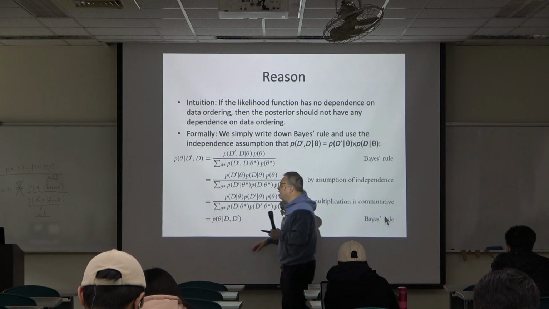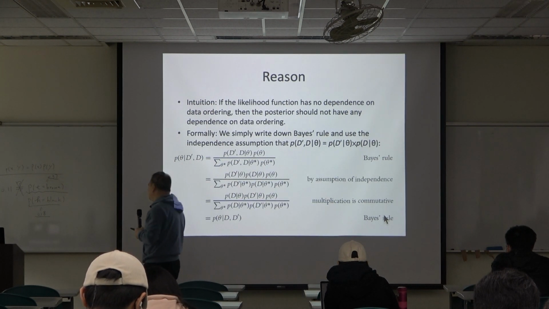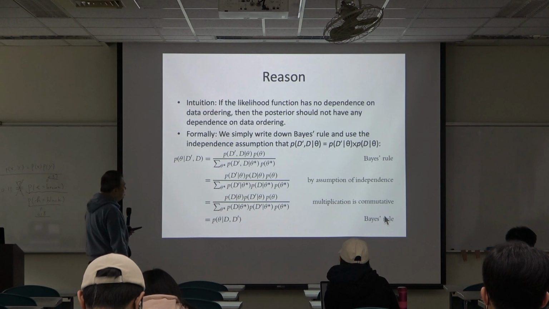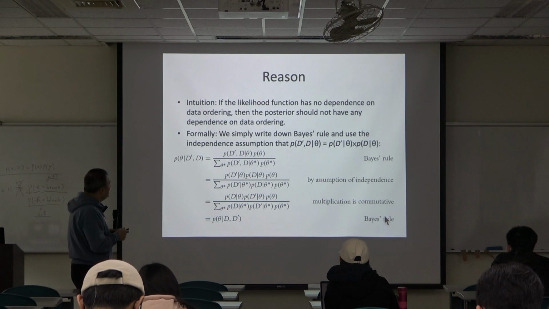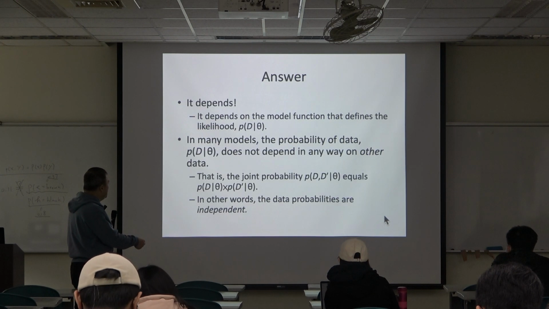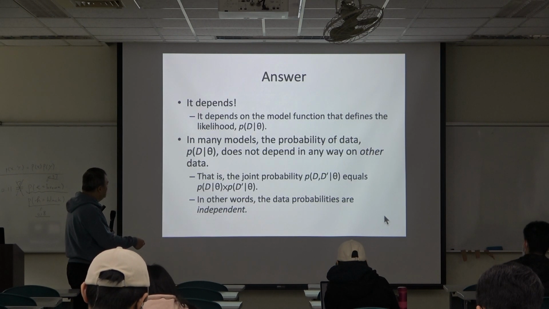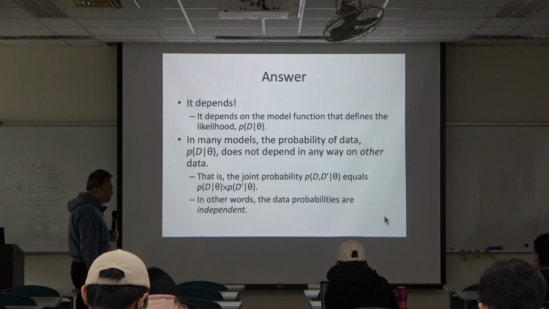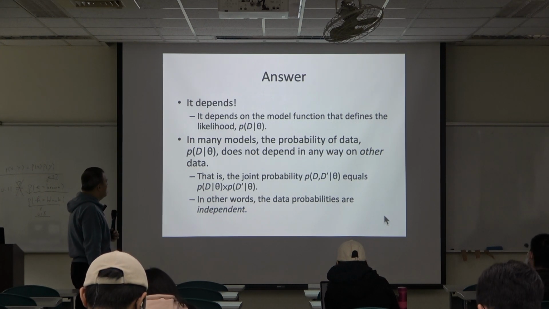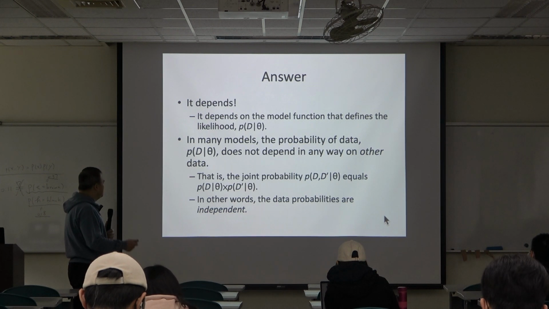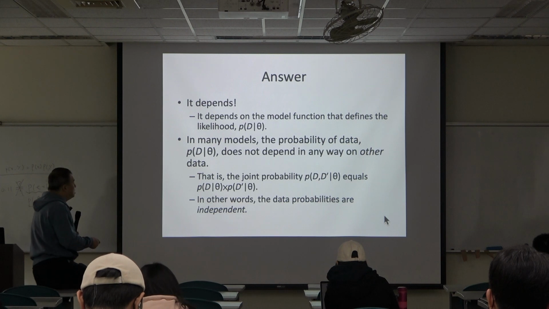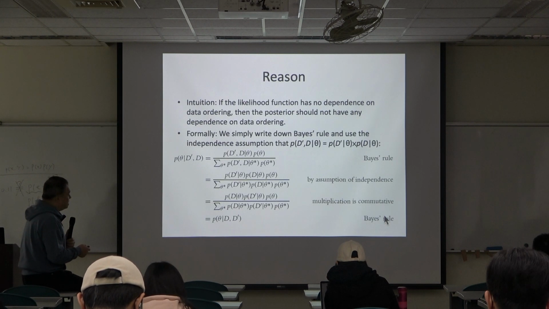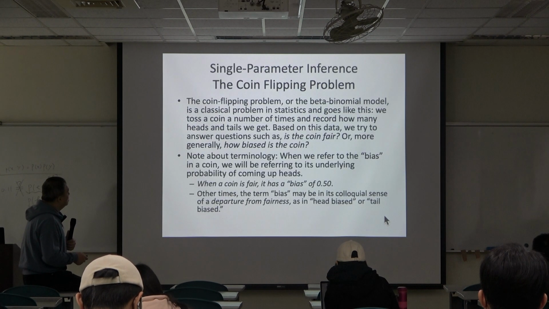So p of theta on condition of d prime and d is the same as p of theta on condition of d and d prime, if the joint probability of d prime and d on condition of theta equals p of d on condition of theta times p of d prime on condition of theta. If that's the case, then the order doesn't matter. But it's not always the case.